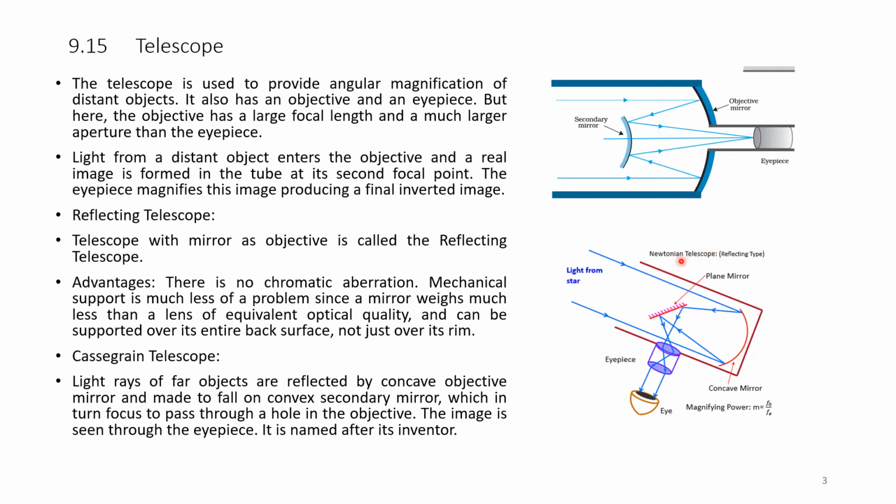And here the whole body of the telescope can be tilted in the Newtonian telescope, whereas it is straight and horizontal in the other. These are the two differences between the two telescopes.